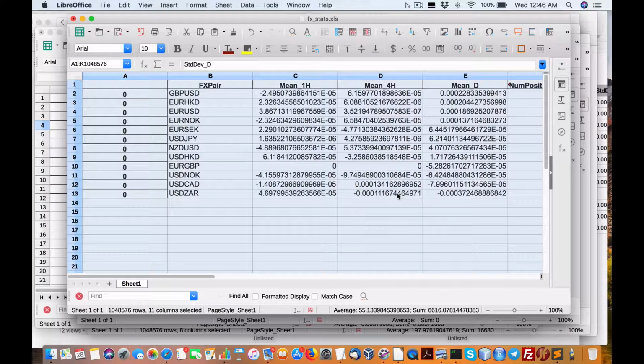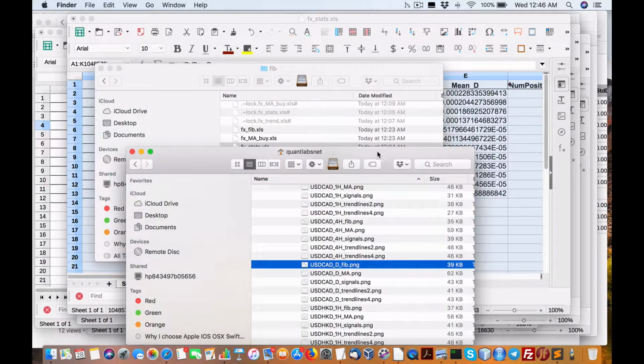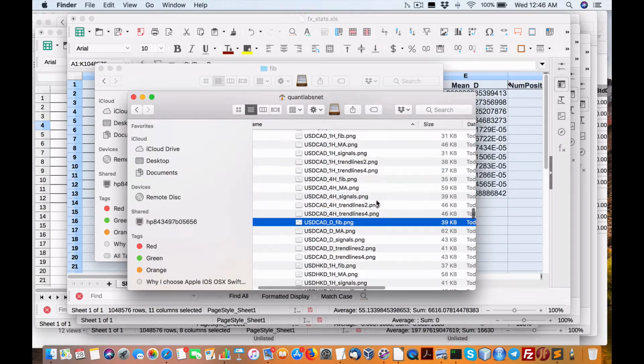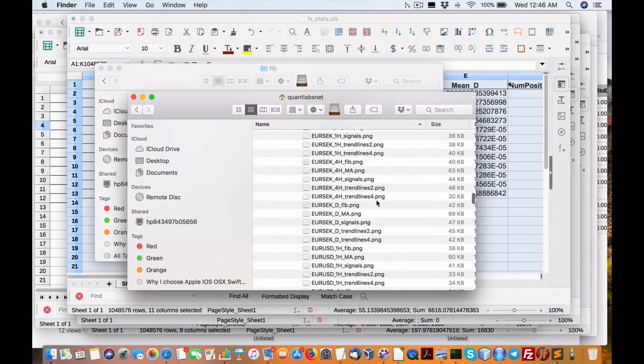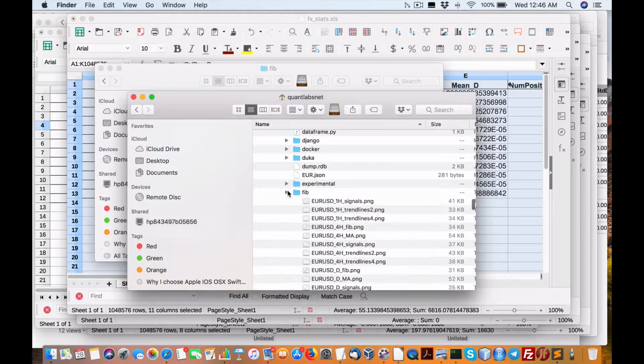So here, funny enough, the daily mean is more negative. But if I was to look at the stats, the distribution, I need to make sure I'm in the right folder here. We want the stats folder.